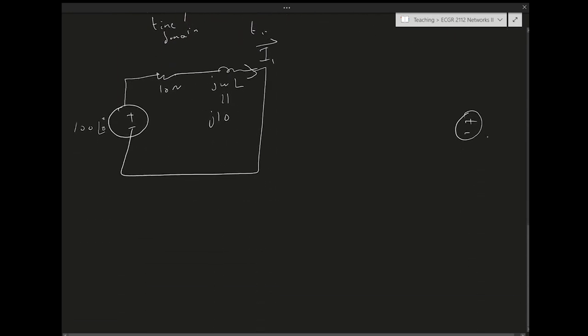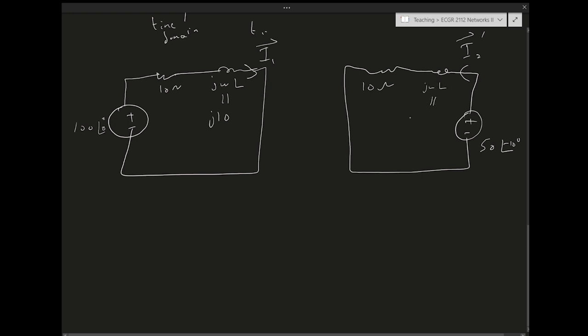So this is going to be 50∠-10 degrees. And then again, inductance, resistance. And now I'm finding this current, I2 prime. The resistance is the same, the inductance is also j omega L, but omega right now is 20. So this equals j20. L is 1 Henry, of course.